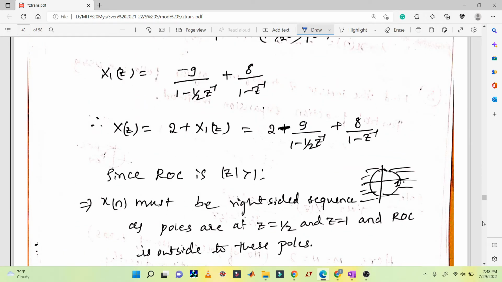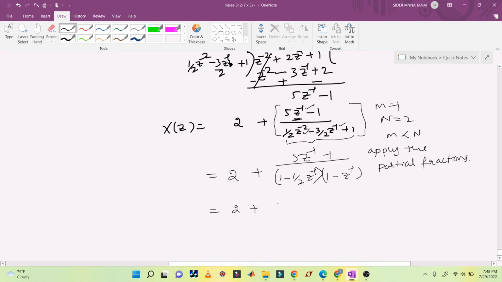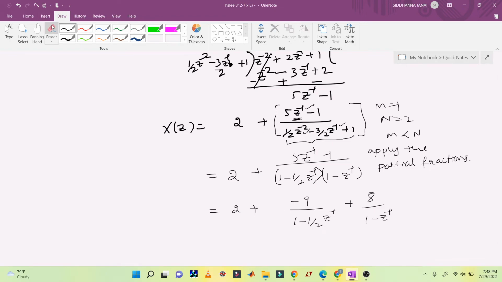So 2 minus 9 divided by 1 minus 1 by 2 z inverse plus 8 divided by 1 minus z inverse. So let me rewrite it. So this is the answer we have got.